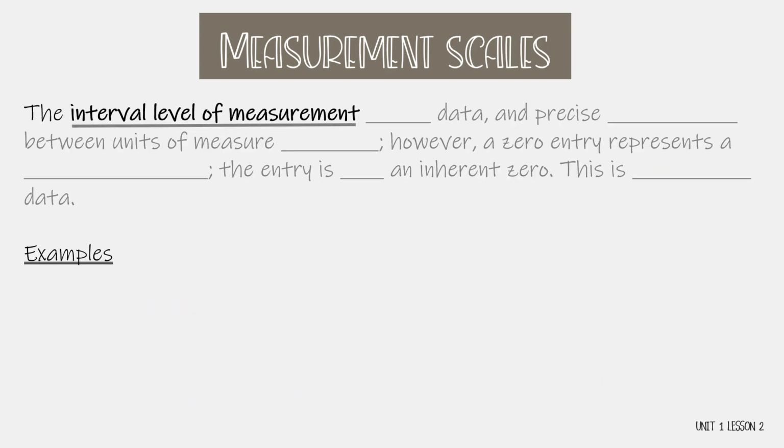Interval level of measurement ranks data, and precise differences between the units of measure do exist. However, a zero entry represents a position on a scale. It doesn't mean there's none of it.